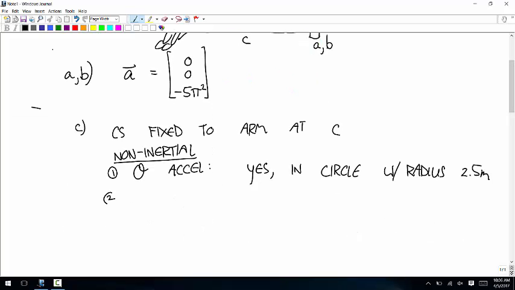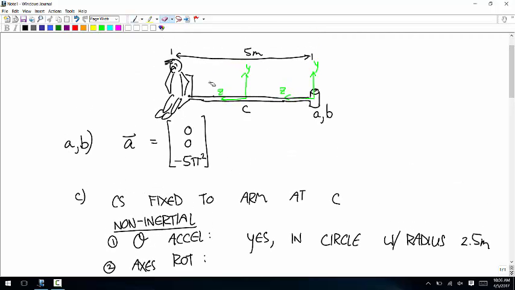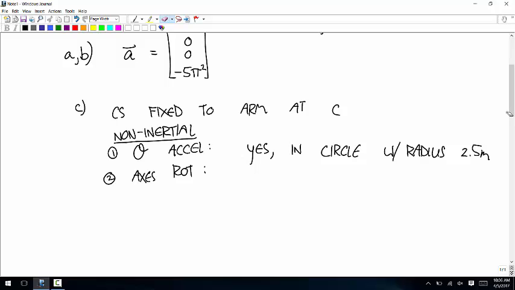And the second possibility is that the axes are rotating. Is that happening in this coordinate system? So far you've been wrong about everything. Okay, it is. Good. So yeah, the axes are rotating with the arm, and the arm's changing orientation, so the axes are changing orientation.